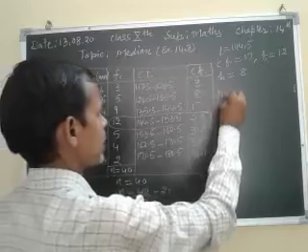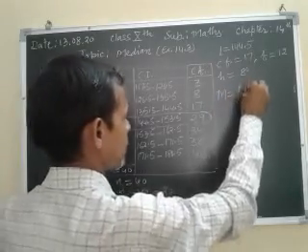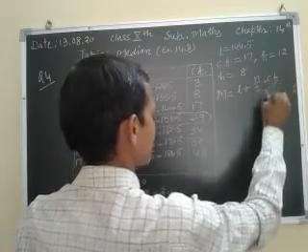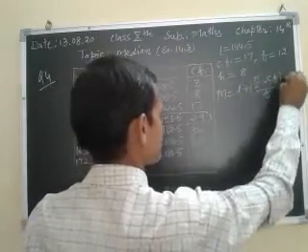The median is L plus (n by 2 minus CF) upon f into h.